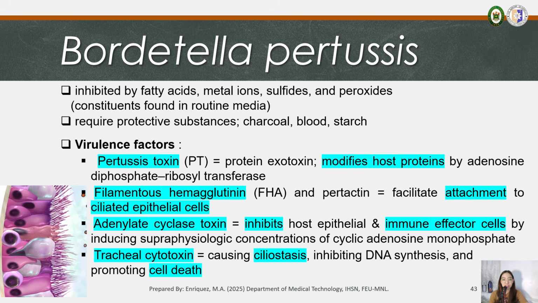And lastly, the tracheal cytotoxin that causes ciliostasis or paralysis of the sweeping motion of the ciliated epithelial cells, pretty much like the outer membrane proteins of Haemophilus influenzae. But the difference is that tracheal cytotoxins of Bordetella pertussis could also cause cell death by inhibiting DNA synthesis.